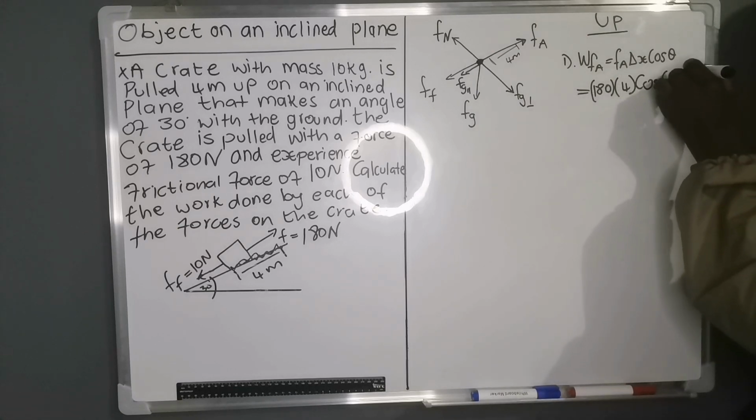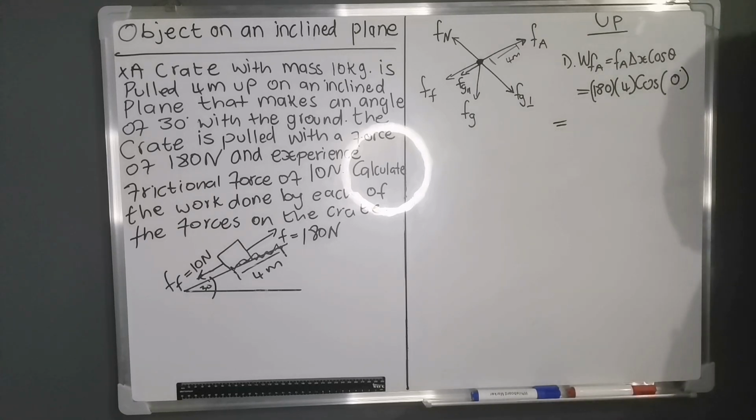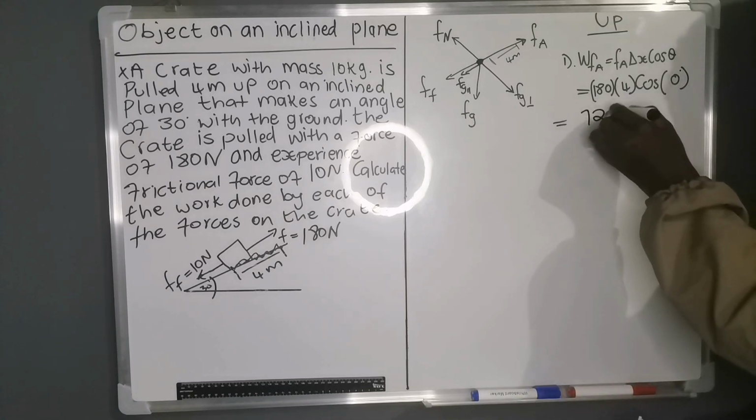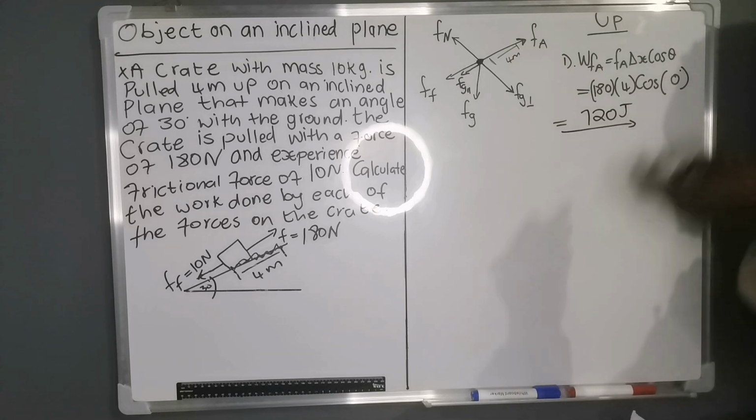So you write 0 there. Then you can find the answer. So it's 180 times 4, which is 720 joules. Then you are done. Positive work.